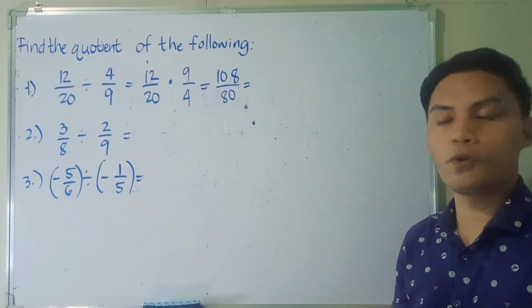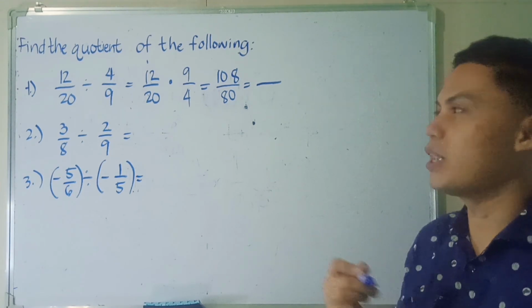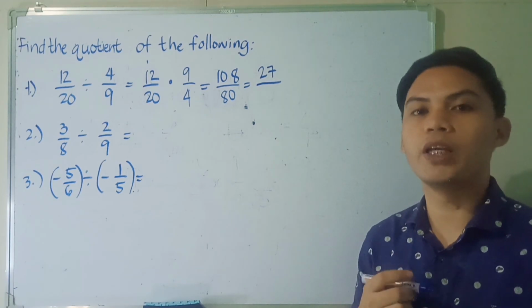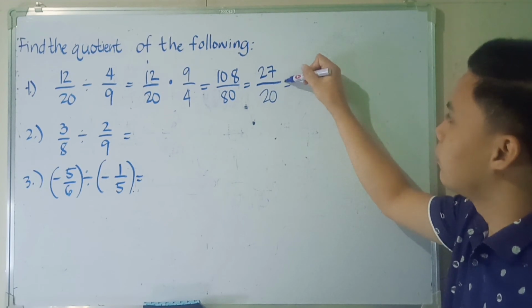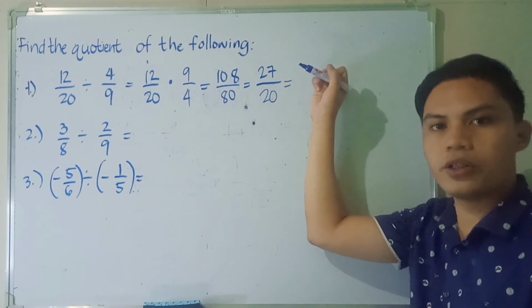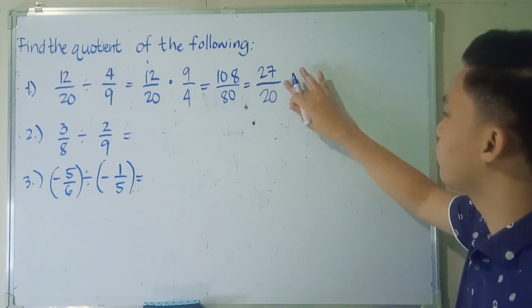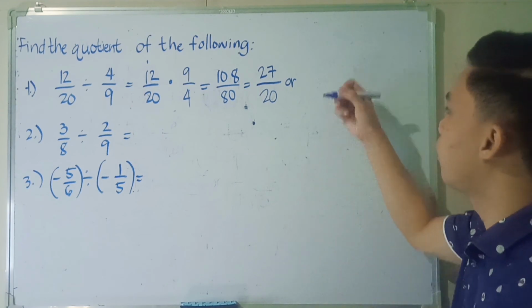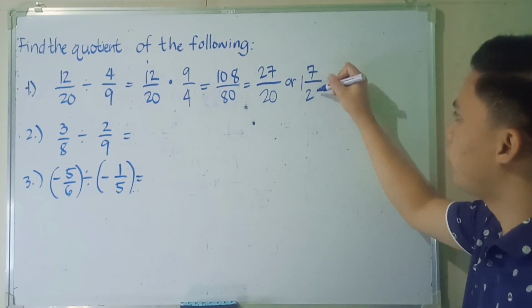So, that would be 4. 108 divided by 4, that is equal to 27. And 80 divided by 4, that would be equal to 20. And this would be our final answer, or pwede rin natin siyang isulat into mixed fraction. So we have 1 and 7 over 20.